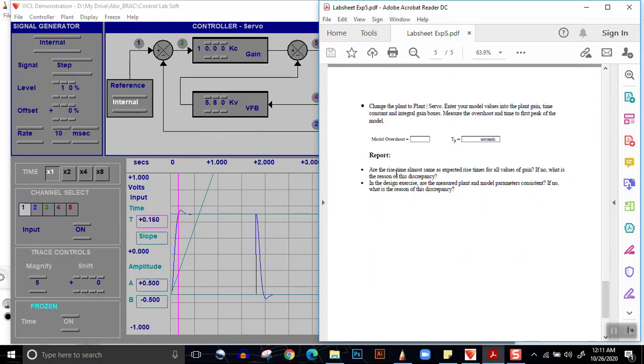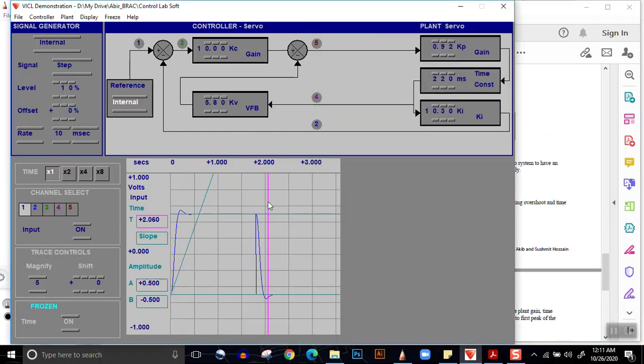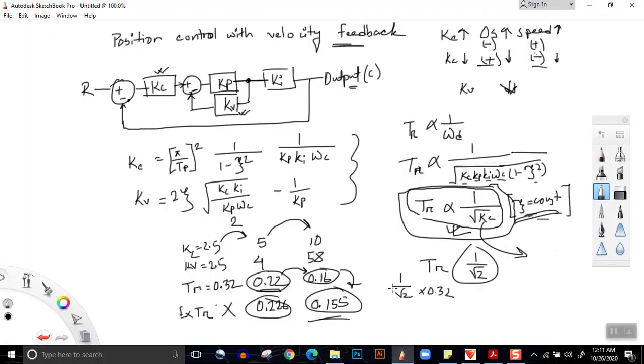Now, at the last stage, the actual motive of this control system hardware laboratory is that we'll try to design an entire control system. What do I mean by that? Let us recap the course that we are having. At first, in experiments 1 and 2, we modeled a plant.